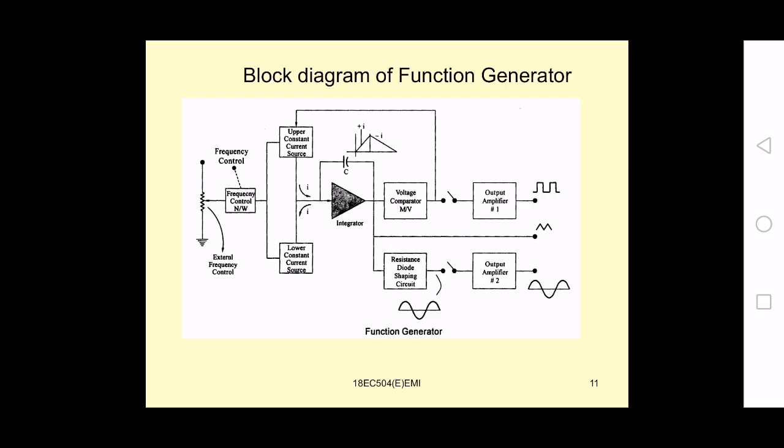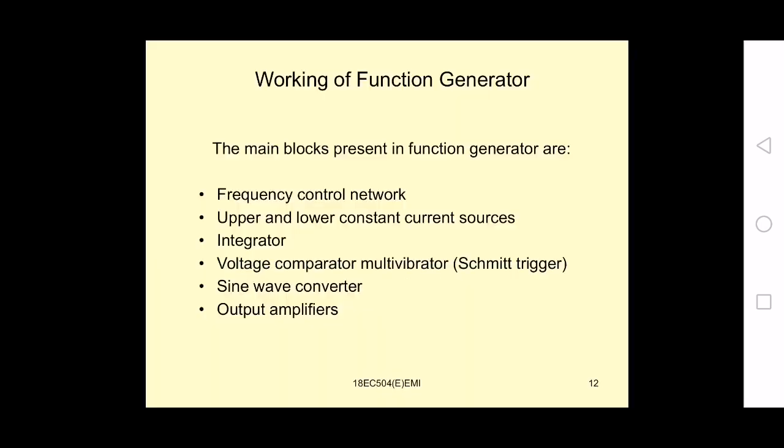This triangular waveform is given to the resistance diode shaping network, which will convert the triangular waveform into the sine waveform. So the main blocks are the frequency control network, upper and lower constant current sources, integrator, voltage comparator multivibrator or Schmitt trigger, sine wave converter, and output amplifiers.